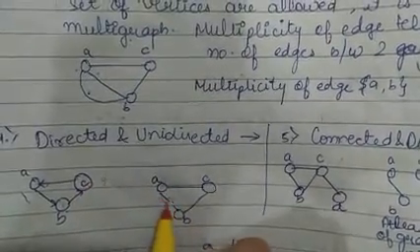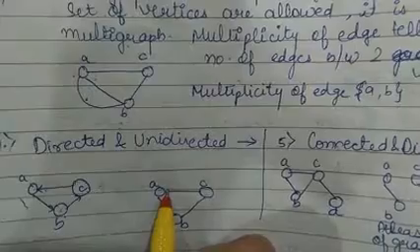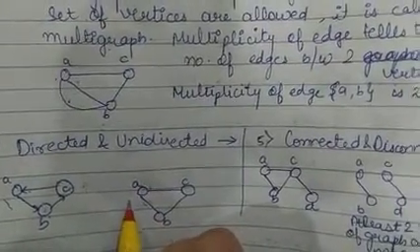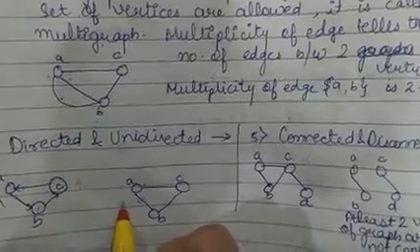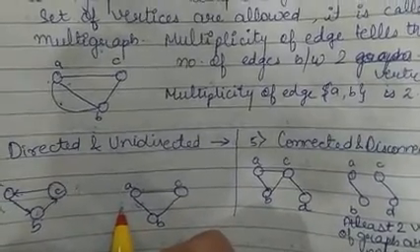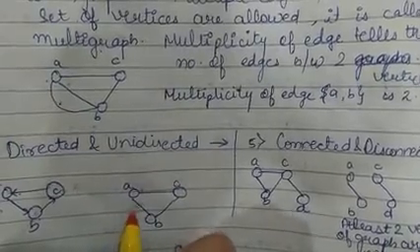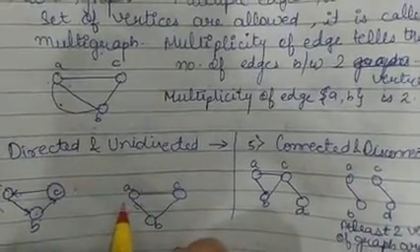Whereas in the undirected graph we do not have a proper arrowhead direction showing where the edges are going or how these vertices are related. So these types of graphs are known as the undirected graph.